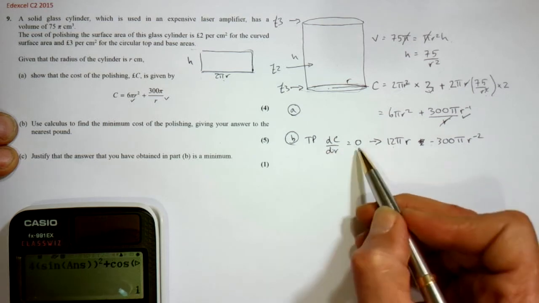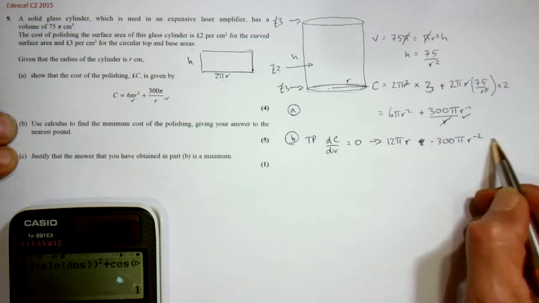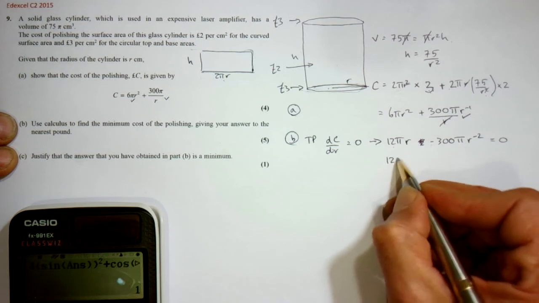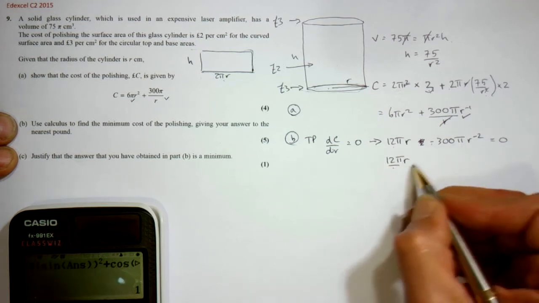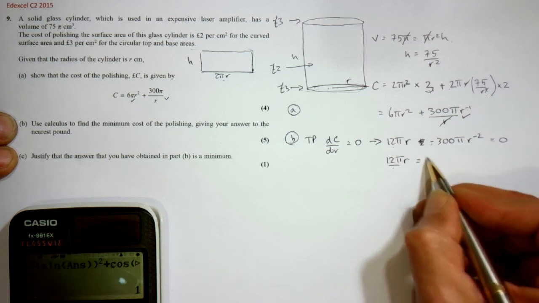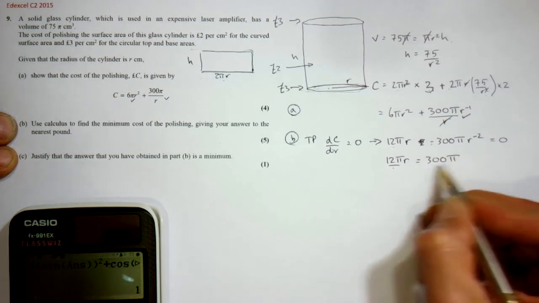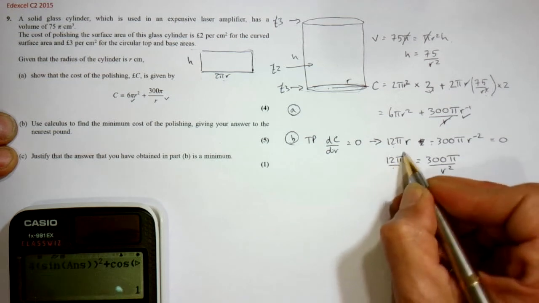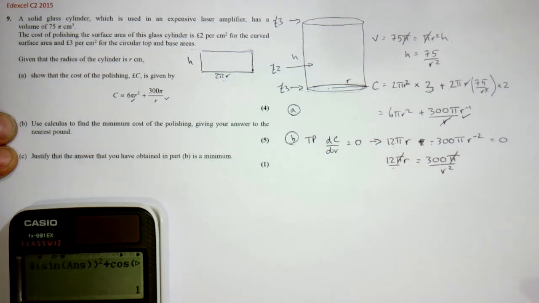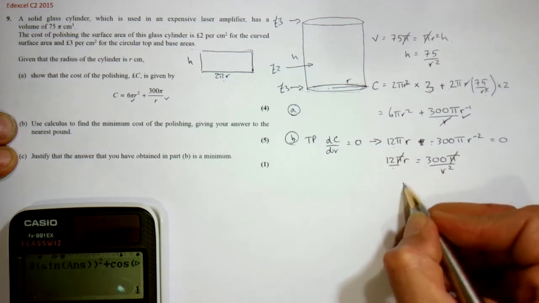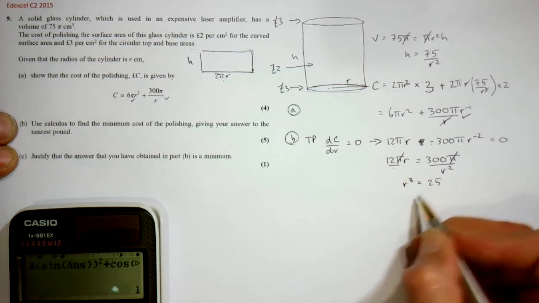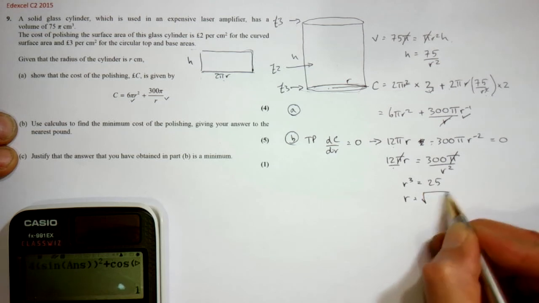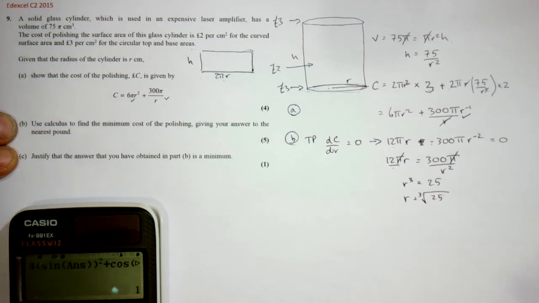So when dC by dr equals 0, 12 pi r must equal 300 pi over r squared. So I can cancel those, move the r squared up onto the other side and get r cubed, and 300 divided by 12 is 25. So r is equal to the cube root of 25.